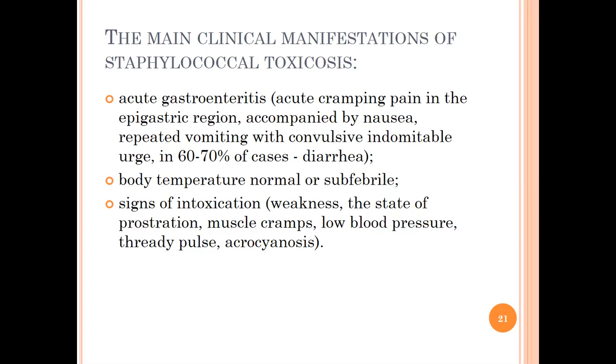It happens because of the pathogenesis of intoxication, provided by an already produced exotoxin in the food, and not by endotoxin produced by living bacteria after eating the food. There are also severe signs of intoxication like weakness, prostration, muscle cramps, decreased blood pressure, thready pulse, and acral cyanosis.